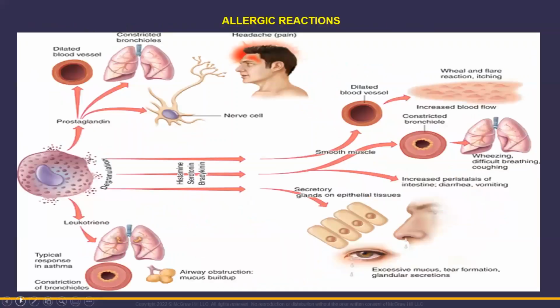Okay, now what do these allergy mediators do? There are several allergy mediators that are produced from the mast cell. The most potent one is histamine. This is the most potent type of allergy reaction.